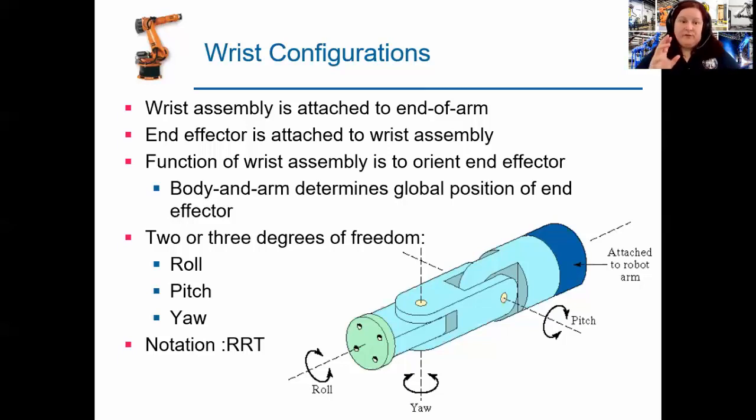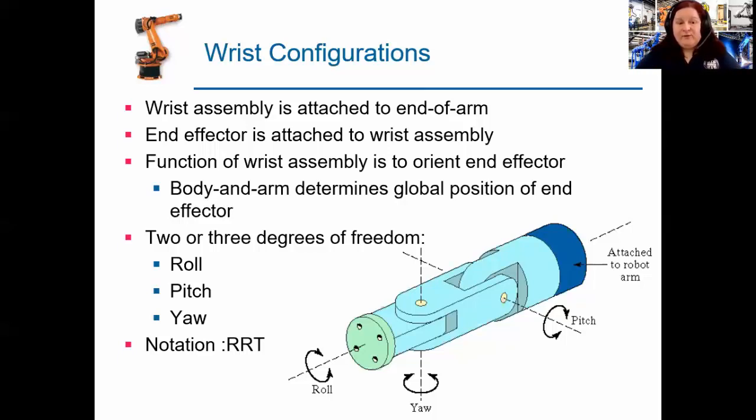So if it is a tooling, maybe a welding gun or spraying gun, we might put a camera there if we want to spy with our robot. We might have a machining tool, anything that we need to achieve some kind of industrial operation, some kind of processing or material handling or inspection. We might add that to our wrist configuration.